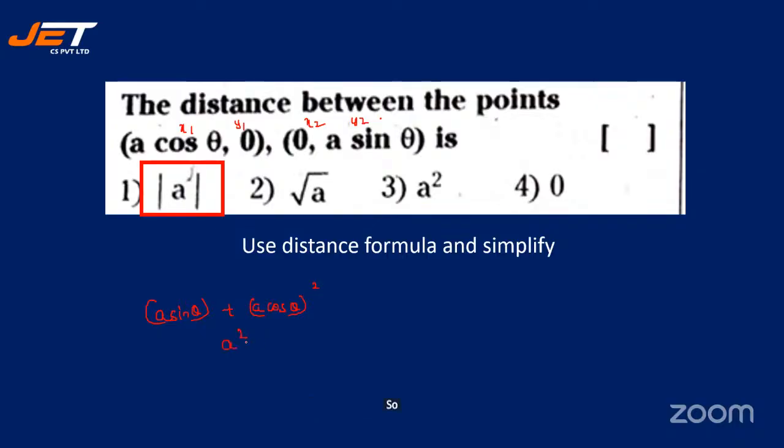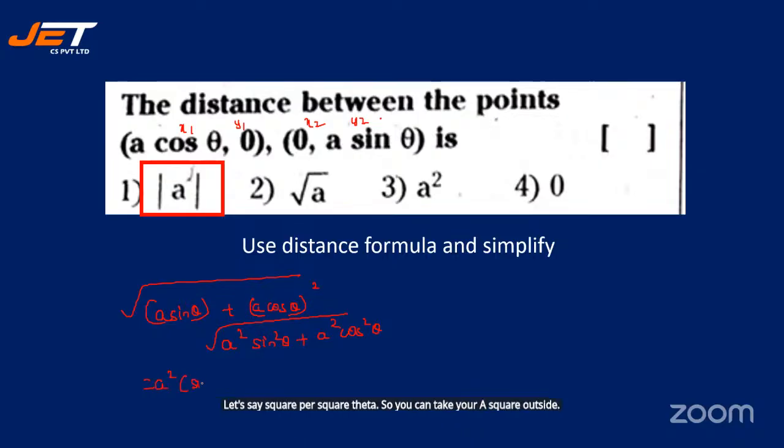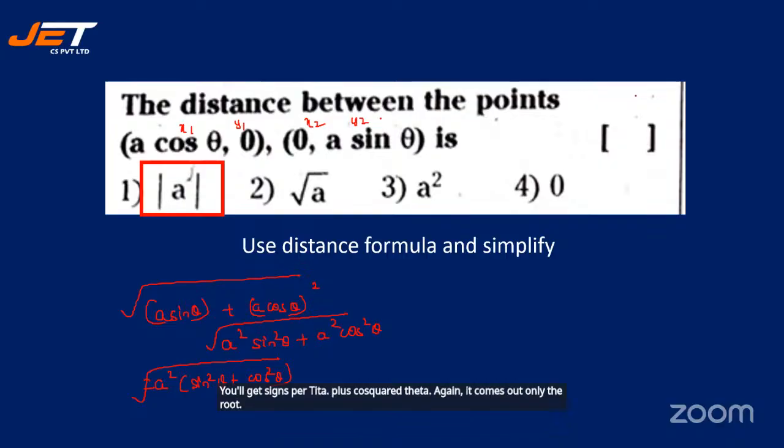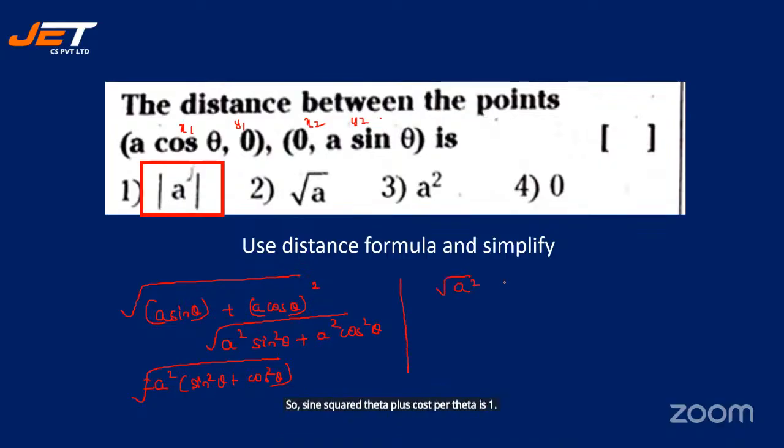You get a square sin square theta plus a square cos square theta, all under the root. So you can take a square outside. You get sin square theta plus cos square theta, again under the root. Sin square theta plus cos square theta is 1. Therefore, root of a square is nothing but plus or minus a, or mod a.